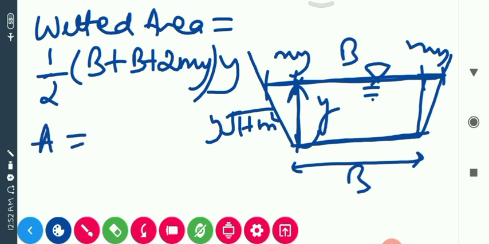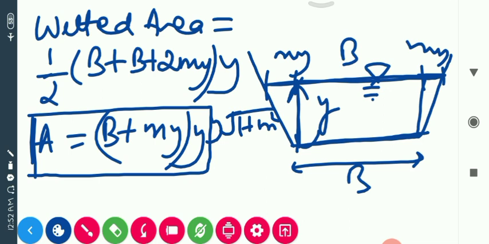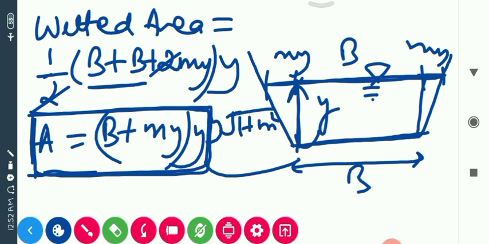So the wetted area comes out to be b plus my into y, since the 2s cancel. This is the wetted area of the trapezoid section.